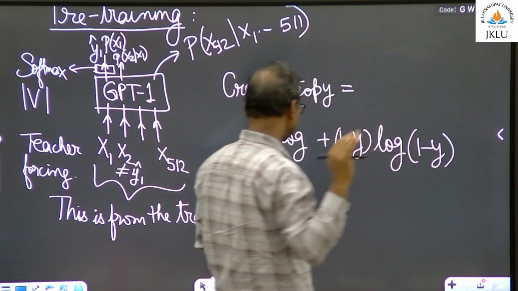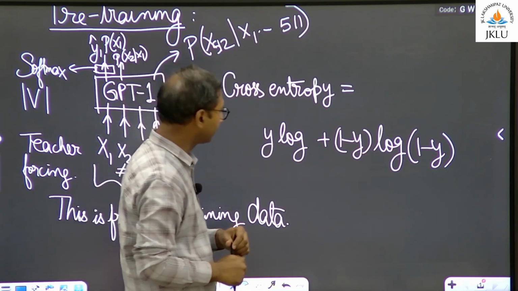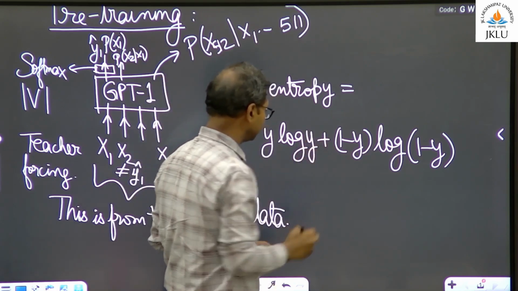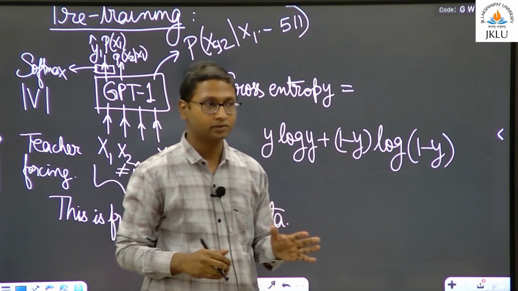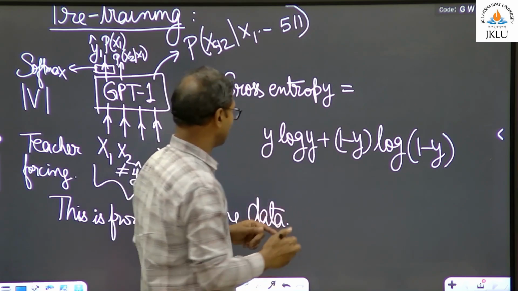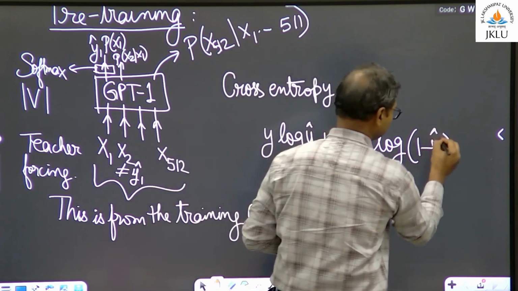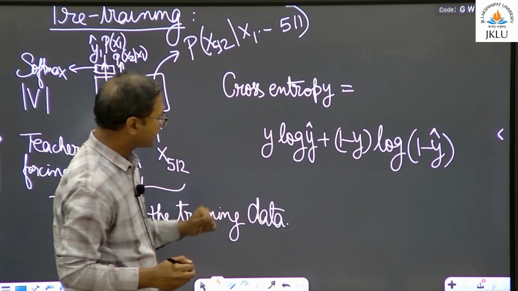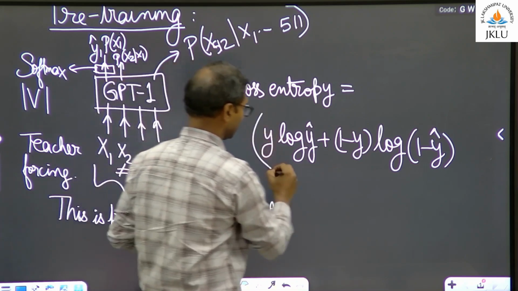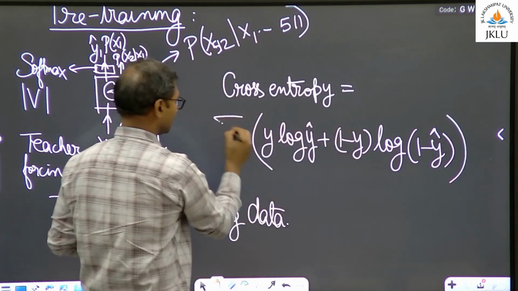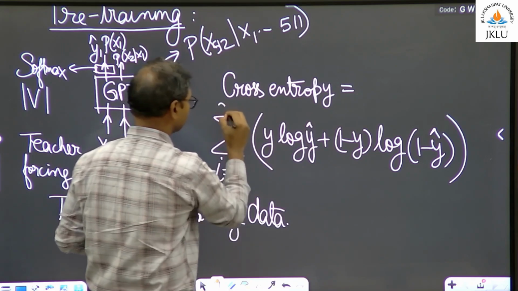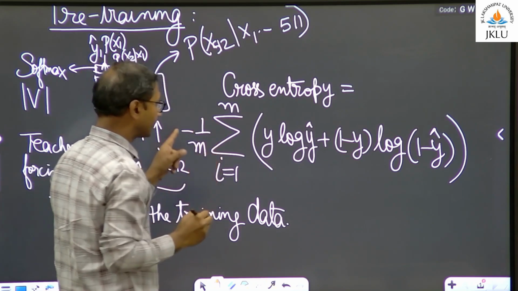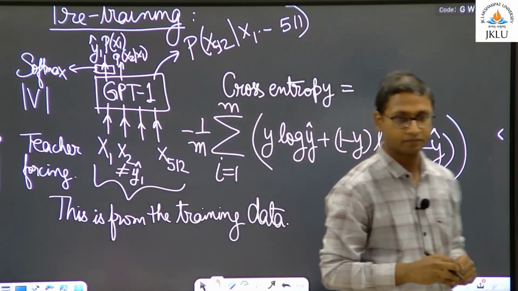Where should I put the hats? Inside the log, right? What else am I supposed to do? This whole thing, summation over all my examples, take average and take minus, because you are supposed to do gradient descent.